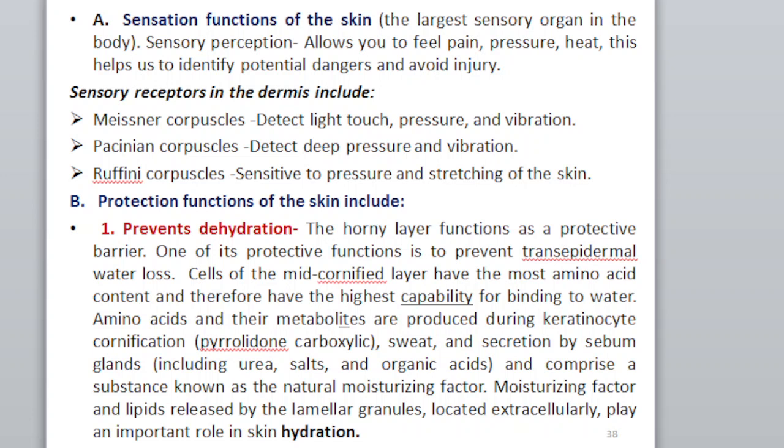Amino acids and their metabolites are produced during keratinocyte cornification, pyrrolidone carboxylic acid, sweat, and secretion by sebum glands, including urea, salts, and organic acids, and comprise a substance known as the natural moisturizing factor. And lipids released by the lamellar granules, located extracellularly, play an important role in skin hydration.